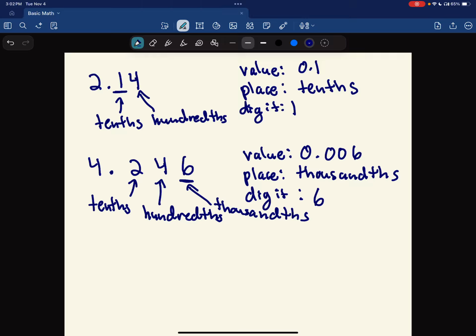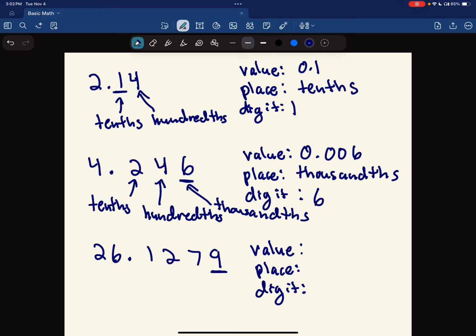Okay, let's do one more example. So now I have 26 and 1,279 ten thousandths. And I ask you, what is the place and value of the underlined digit? So in this case, I underlined 9. So our digit is 9.